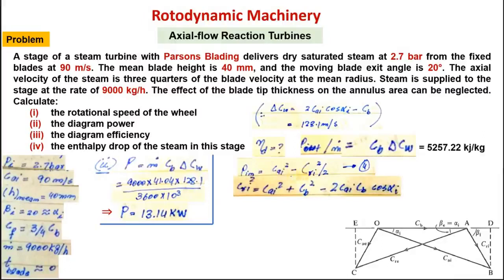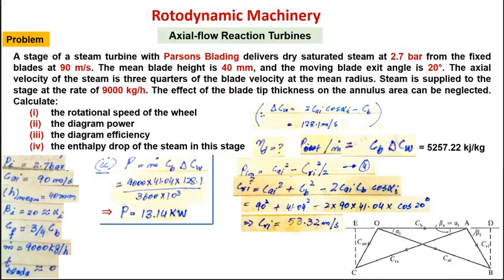CAI is given, but CRI we can calculate from velocity triangle OAB by applying the cosine law for a known CAI, CB and alpha I. So this is the cosine law to find out CRI. Just put values and find out CRI. CRI comes out to be 53.32 meters per second.